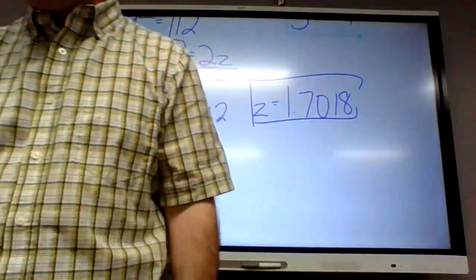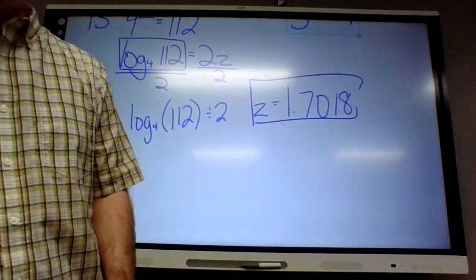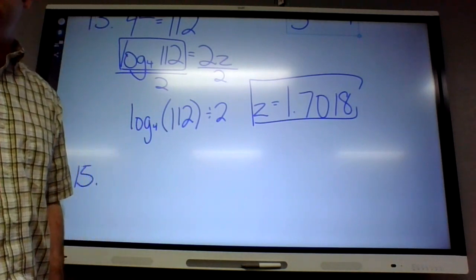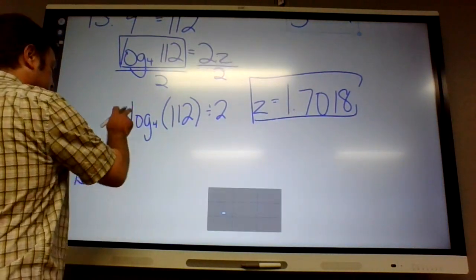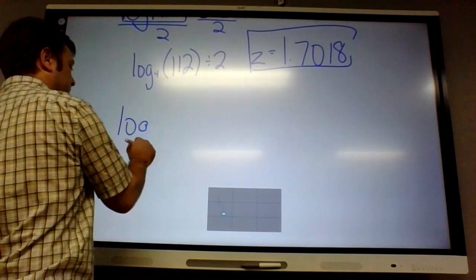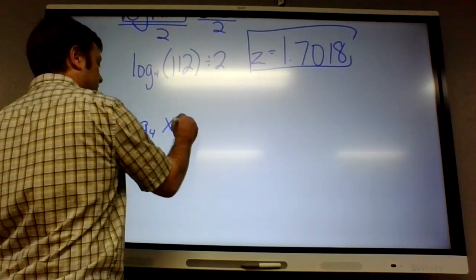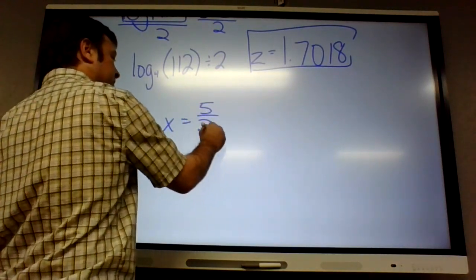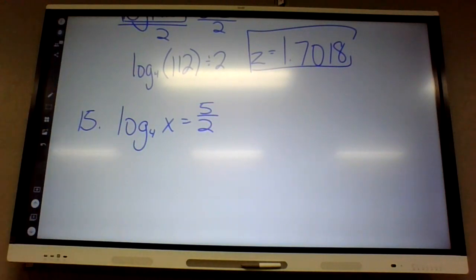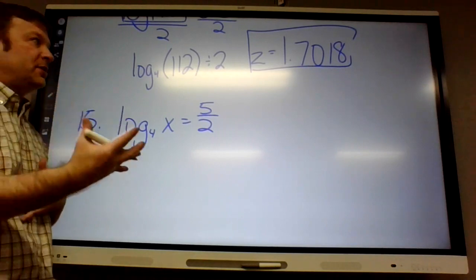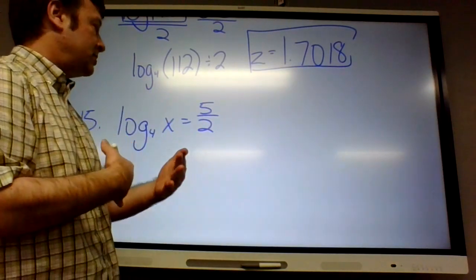Okay, pushed the wrong button somewhere. Number 15, log base 4 of x equals 5 over 2. There's a major switch on 15. What changed on 15? This is a log function, not an exponential equation. So basically, you just go the other way. If they start with an exponential equation, you turn it into a log.